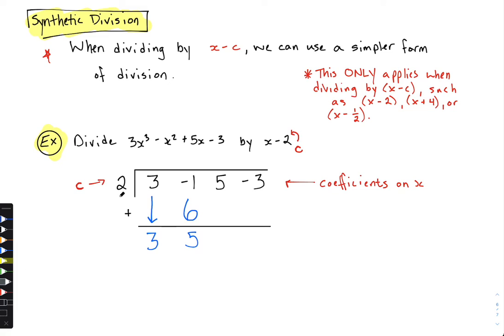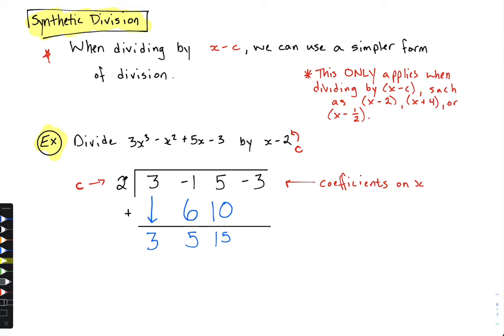Then again, I'm going to take this 2, multiply it by 5, and add it to the next space. 2 times 5 is 10, and so I'm going to write the number 10 underneath the next number, underneath the 5. And then again, I follow the instructions by adding. 5 plus 10 is 15.